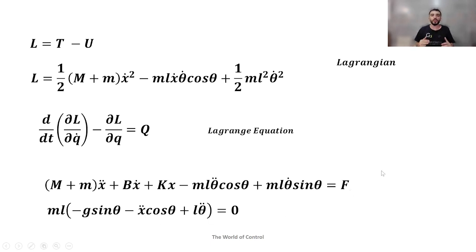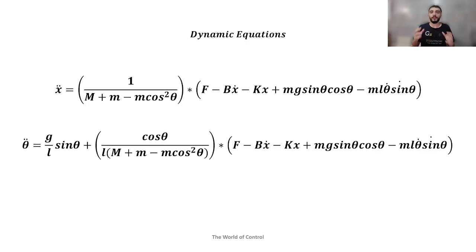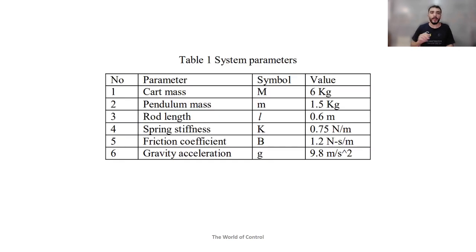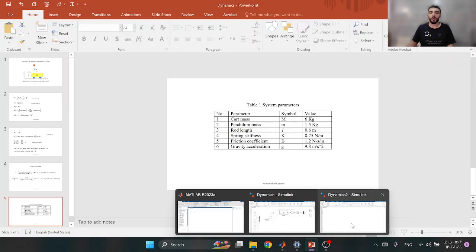But we need to solve these two equations for x double dot and theta double dot to have our state space dynamic system. If we solve these two equations, we will obtain these two equations here as our dynamic equations. So with these parameters, with these values here, we are going to simulate our model.